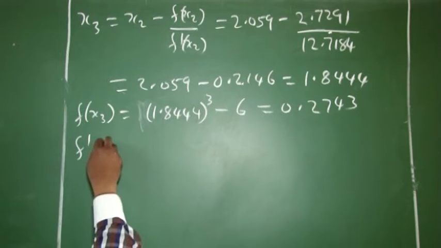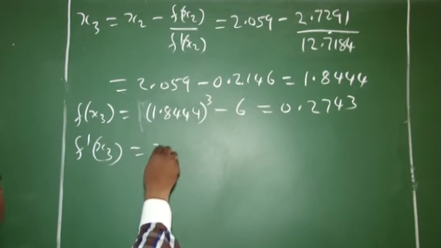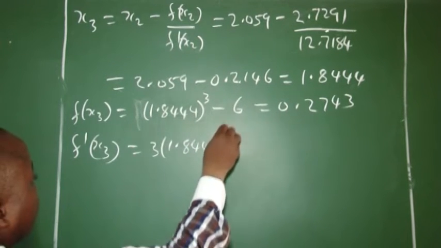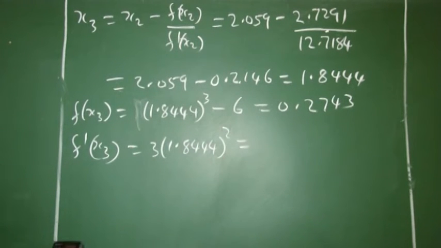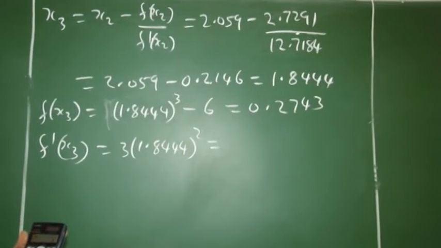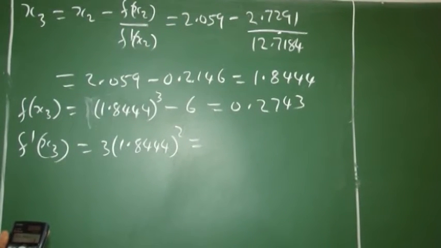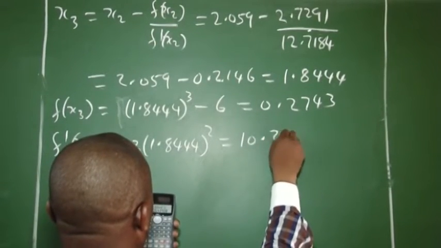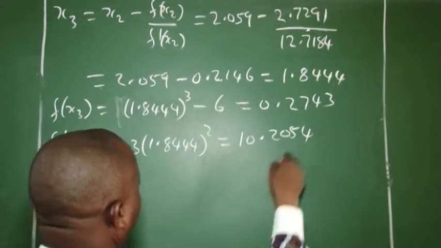F prime of x3 equals 3 times 1.8444 squared, which gives us 10.2054.